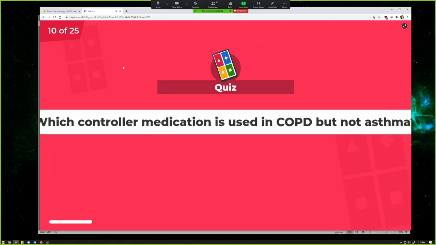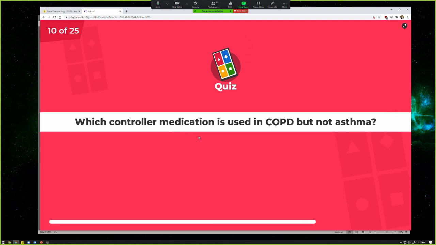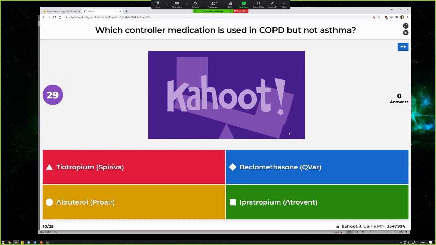All right. So which controller medication is used in COPD but not asthma? Want to use tiotropium, beclomethasone, albuterol, or ipratropium? It's a controller medication used for COPD but not for asthma.